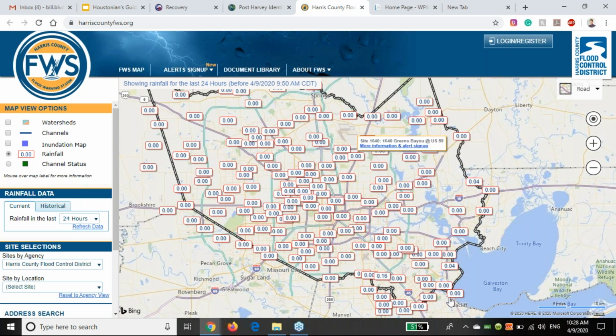We monitor this rain at any given moment to see what's happening, and they alert us based on different things to alert people in those areas. So the monitoring is pretty good at the county level and at the city level. Any city official could look at any moment and see if there is street flooding going on, or if the water is rising above the street and getting into structures.